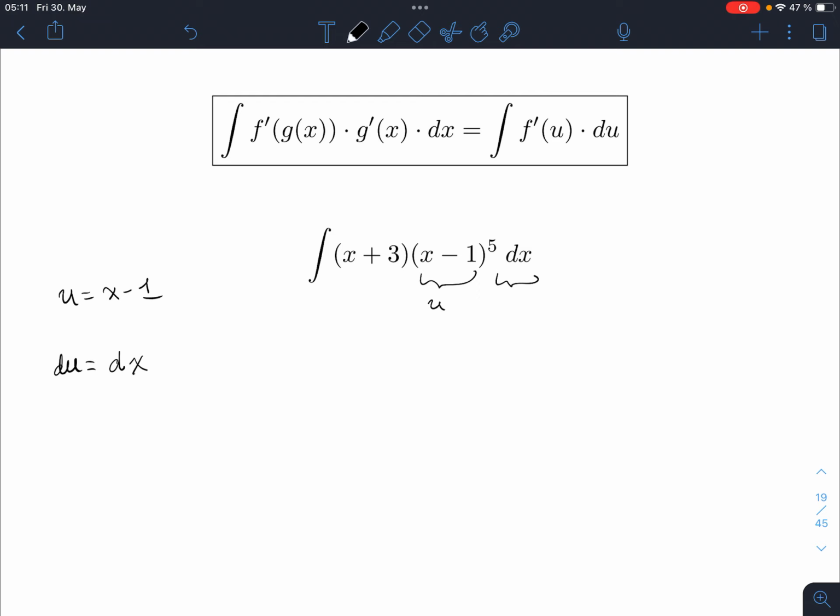To make it really clear, what I'm saying is that this x minus 1 is u, this dx we said was du, and so if we wanted to rewrite this, this is the integral of x plus 3 times u to the fifth times du.